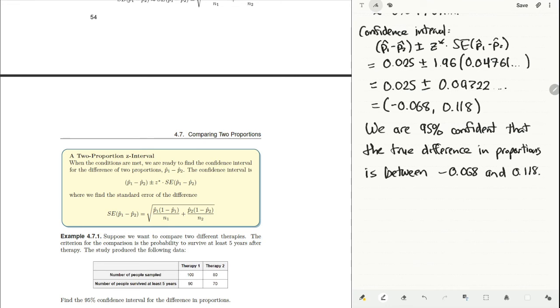So notice that our confidence interval is from a negative value and a positive value. So since we are taking the difference between two proportions, the values themselves can be negative.